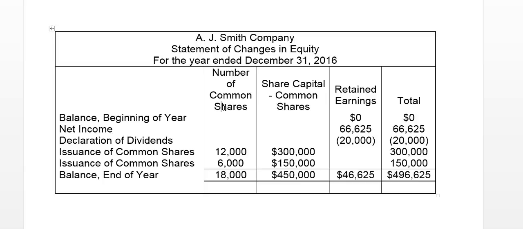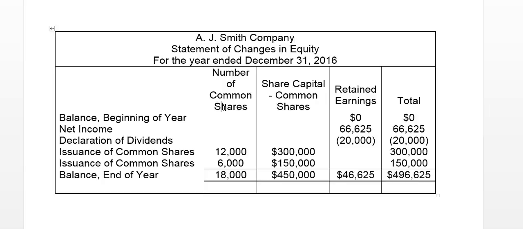Now you'll notice related to that, they have a column for the number of common shares. And I guess the best way to explain that at this point, given the fact that we're not at the balance sheet yet, is that companies do need to track how many common shares are actually in the hands of shareholders, right? So you'll notice that if you look at financial statements and you're looking in the equity section, they will usually tell you how many shares the company actually has issued to shareholders.